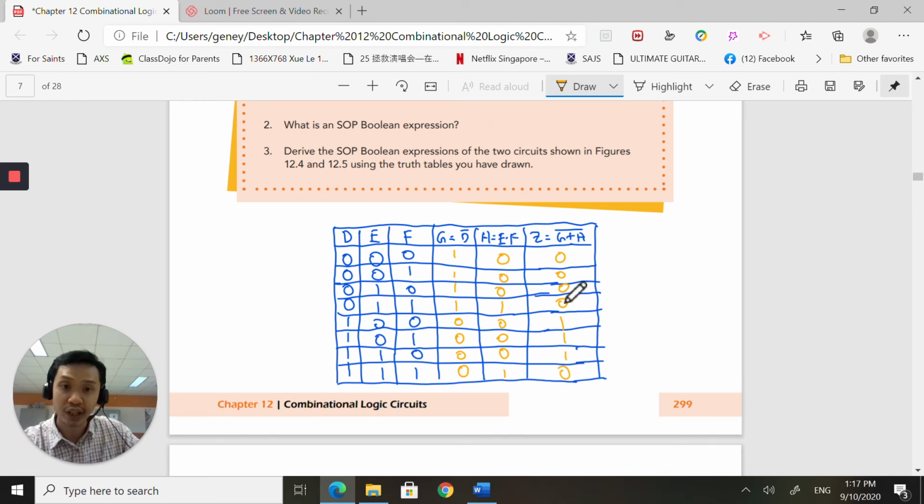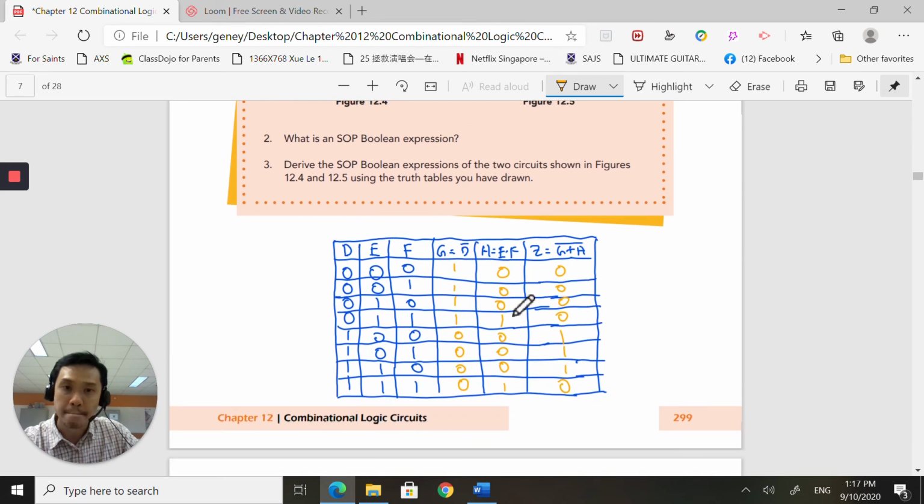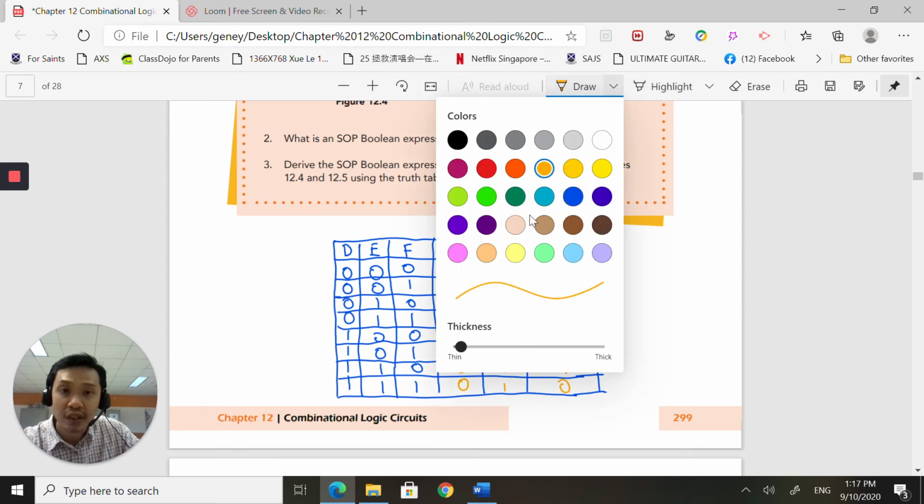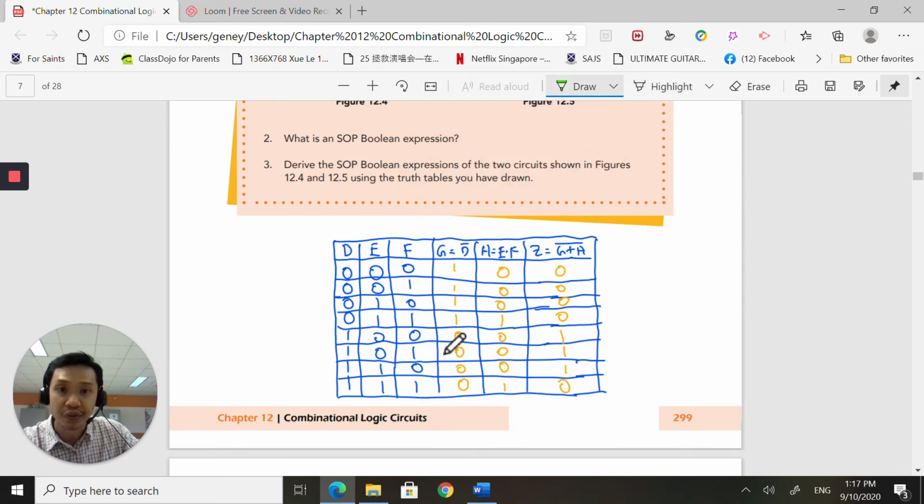Okay, so right now, we have finished coming up with the truth table, and we can come up with the SOP expression for this. All right. Let's see. Let's use a different color. Maybe green. Let's go with green. So I know Z will be true in these three situations.